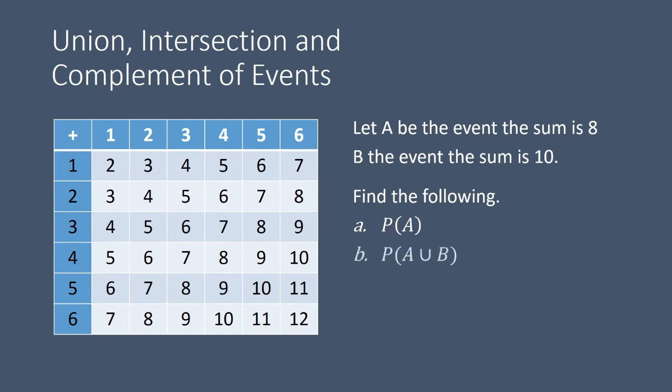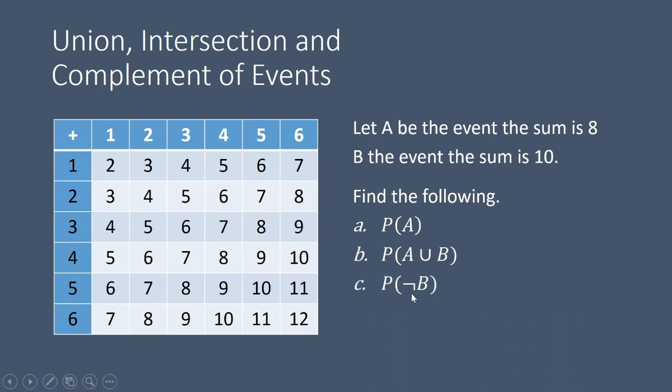Let us interpret A union B. That is the event when either the sum is an 8 or a 10. And what is the probability of that? What is the probability that when you roll a pair of dice, the sum is going to be either an 8 or a 10? How about this? How do you interpret that?